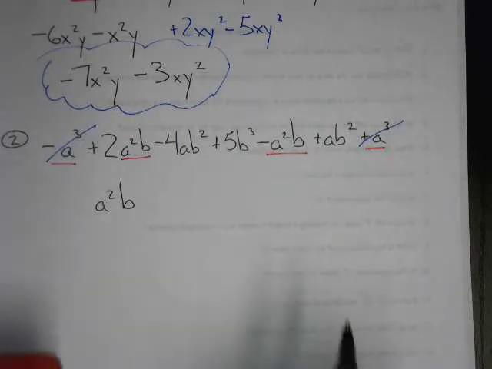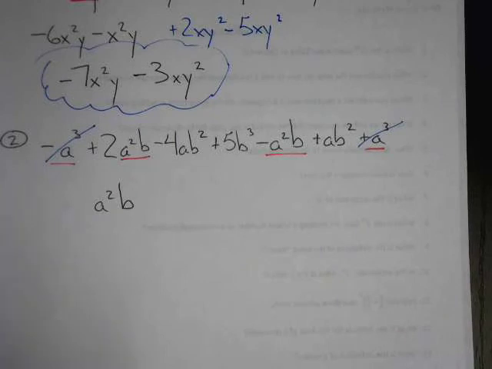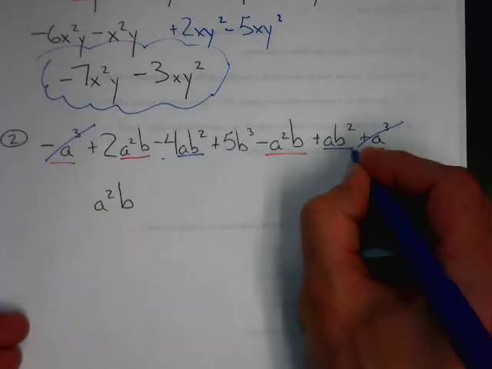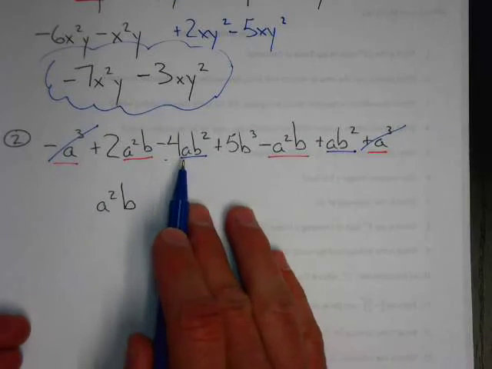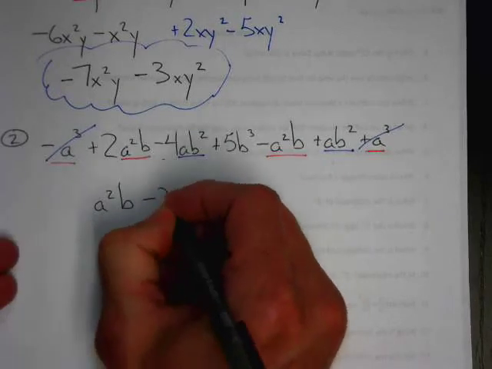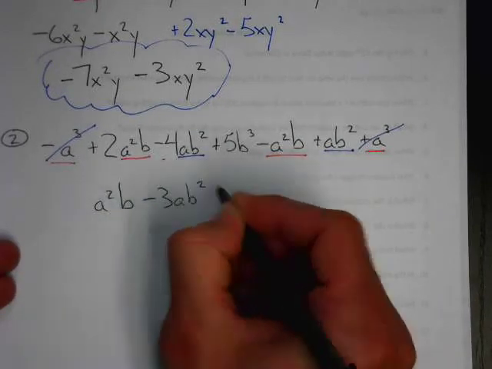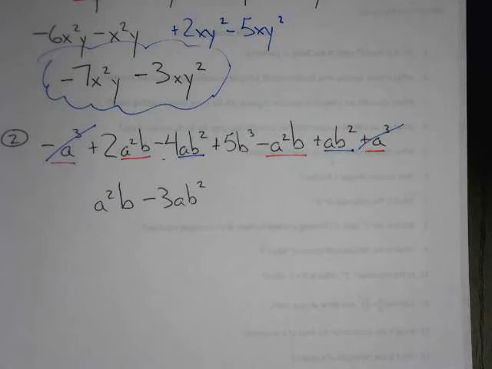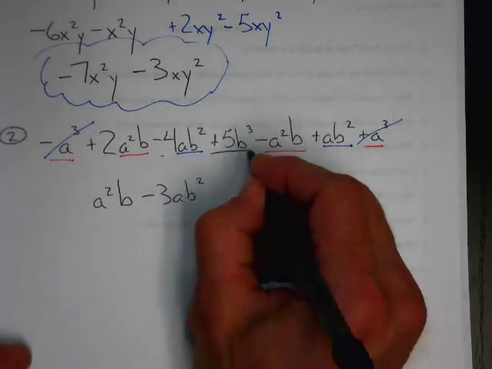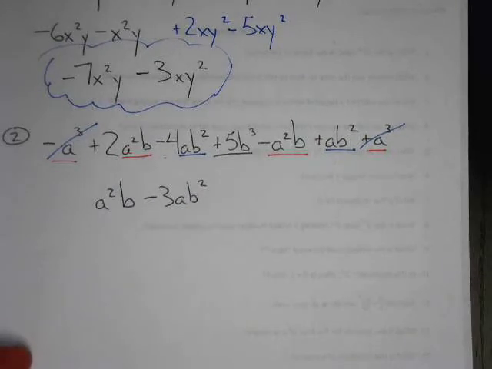And now we had minus 4ab squared. So here's minus 4ab squared, and here's plus an ab squared. So minus 4ab squared plus an ab squared would leave us with minus 3ab squared. And then we had our plus 5b to the third power. Are there any other 5b to the third powers?